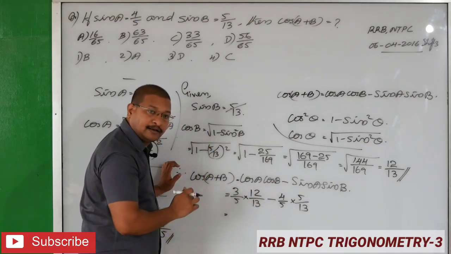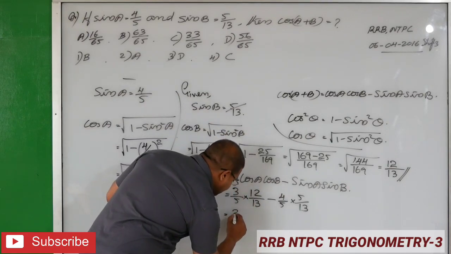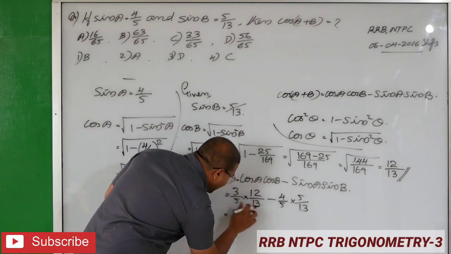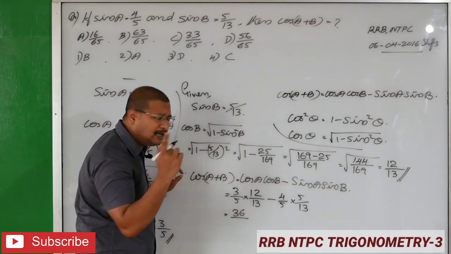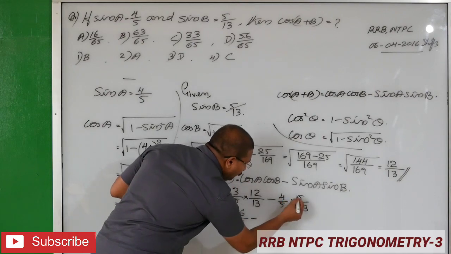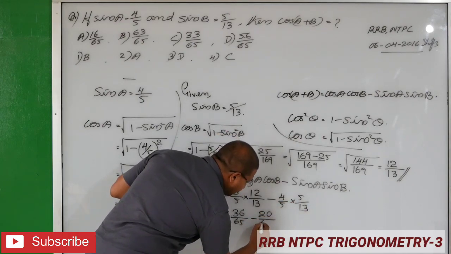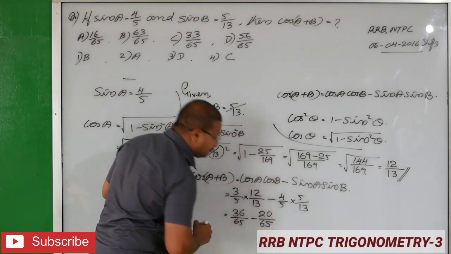Numerator into numerator: 3 into 12 is 36, divided by 5 into 13, which is 65, minus 4 5s are 20, divided by 65.